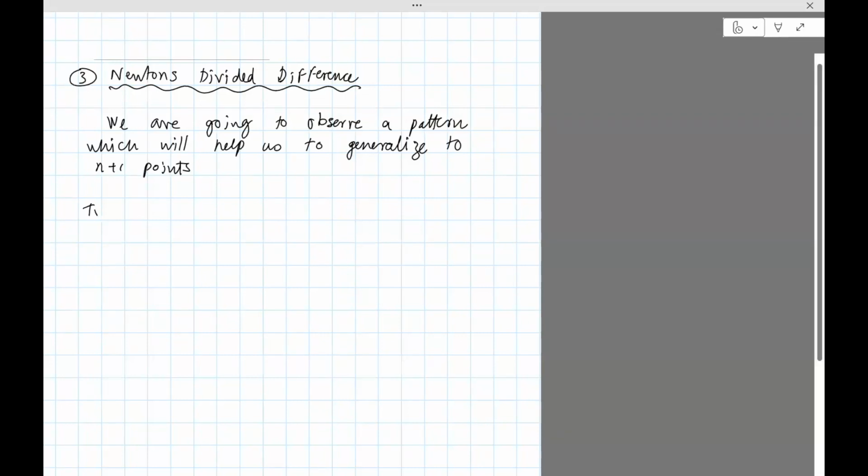Okay, let's start with 2 points. That is, you're given 2 points, and you are trying to find the best equation that passes through 2 points.